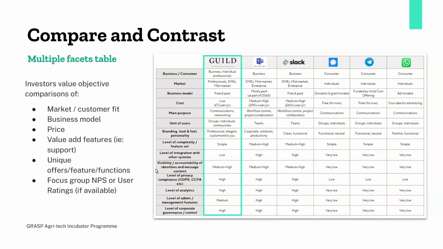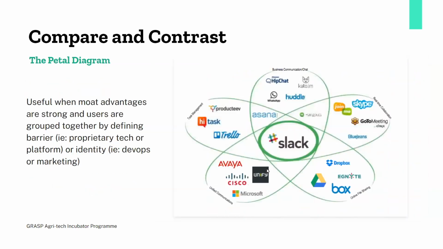If you have independent validation of that, that will be amazing. But even if you lack that, your own internal NPS or similar ratings might work. If you have an app and you have user ratings from Play Store or the App Store, that would be amazing.